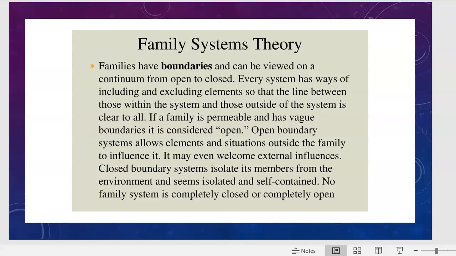If a family has open boundaries, that means that the boundaries are permeable and they're somewhat vague and weak. An open boundary system allows elements and situations outside the family to influence it.